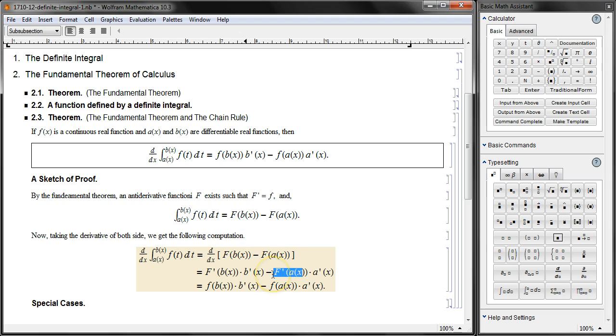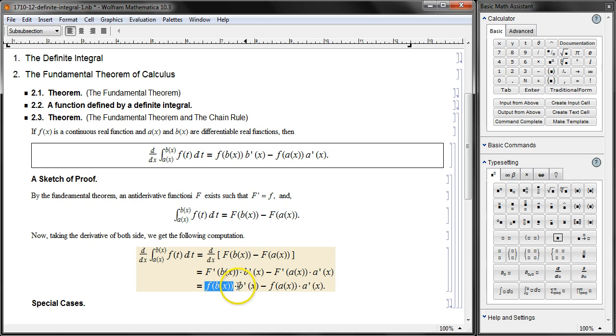The derivative of outer function, inside stays the same, and then the derivative of the inside. Chain rule again. Finally, this capital F prime is small f. So replace everything, and then this is what we get. Plug in the top function times the derivative minus plug in the bottom function times the derivative.